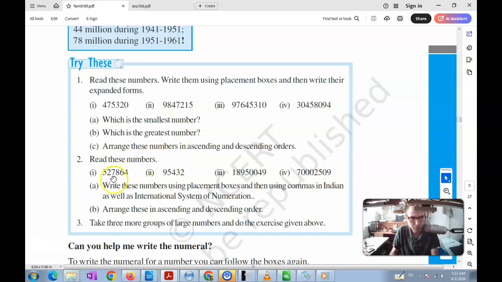Then read these numbers and write them using placement boxes and then using commas in the Indian as well as the international system. You can ignore the Indian system unless you're Indian, and then you can do all of this for practice, and then you want to arrange them in ascending and descending order.